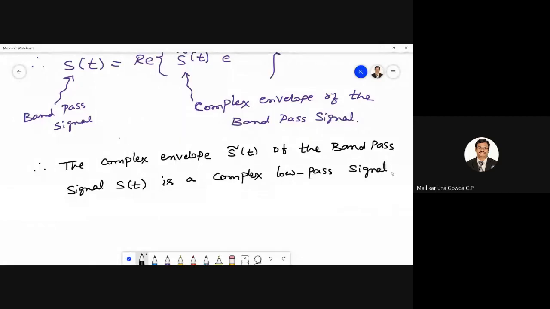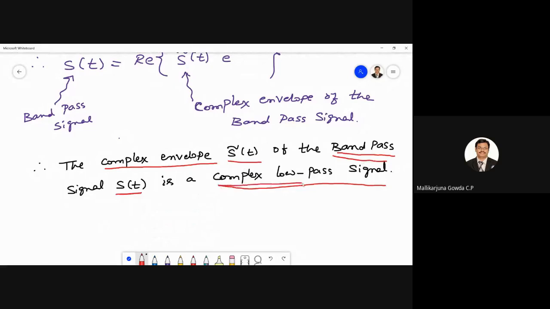Okay, so I wanted to underline this complex low pass signal and then complex envelope. Complex envelope is S tilde of t of what? Band pass signal. Band pass signal S of t is a complex low pass signal.